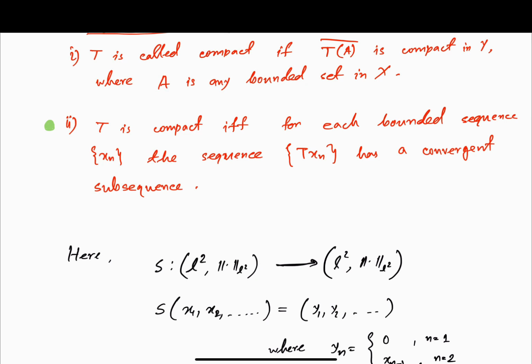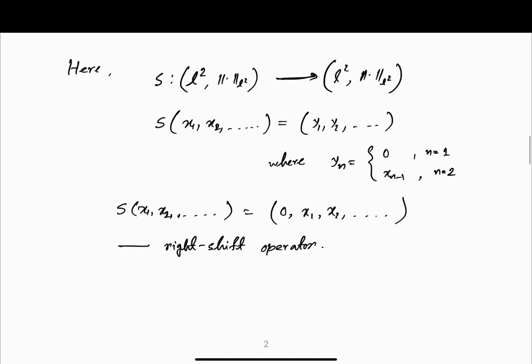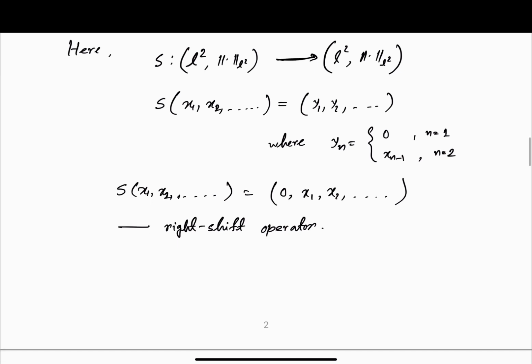You have to find a bounded sequence so that S(en) does not have any convergent subsequence.